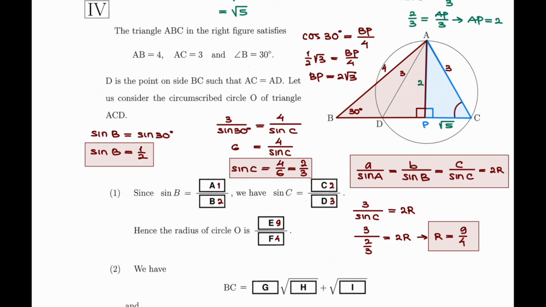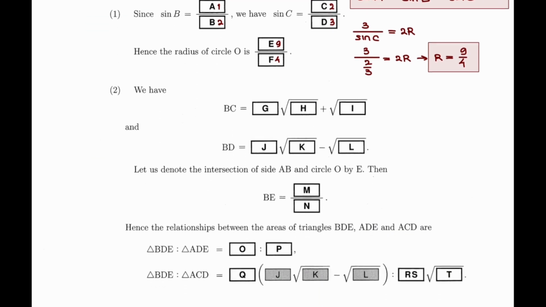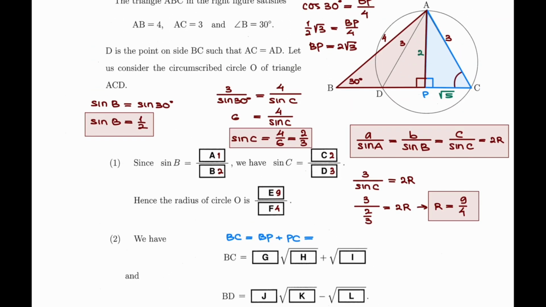So, after you obtain BP and PC, that means BC is equals to BP plus PC. BP is equals to 2 root 3, PC is equals to root 5.